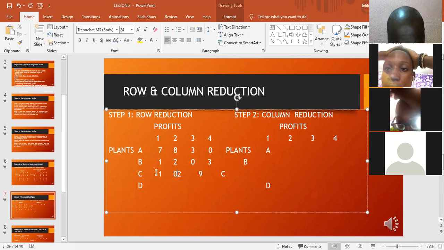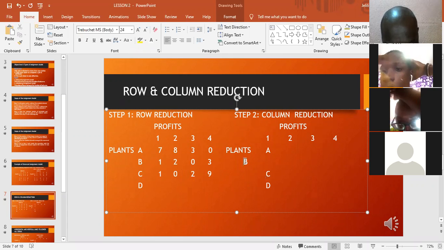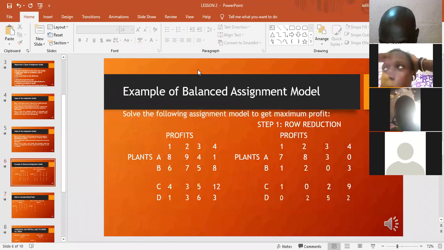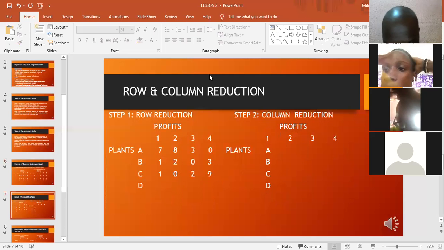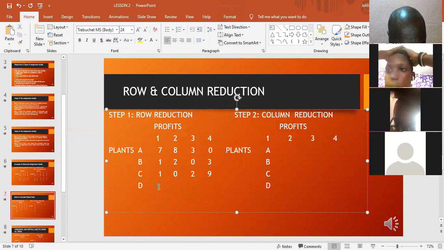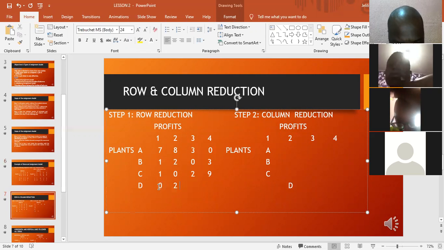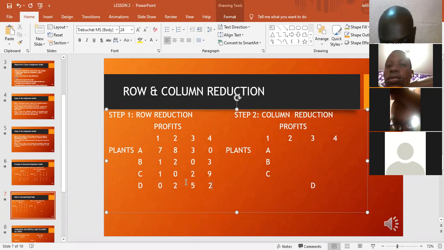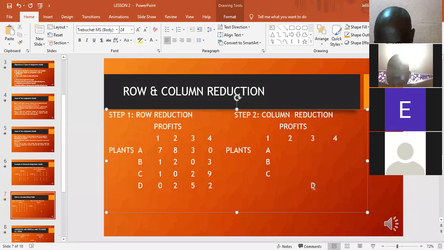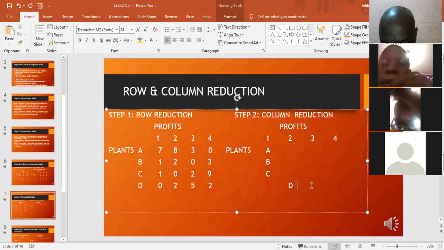And the last one, we have 0 2 2 5. So that last one we have 0 2 2 5. So this is our row. I just move it from that place to here so that we use it to do our column reduction.